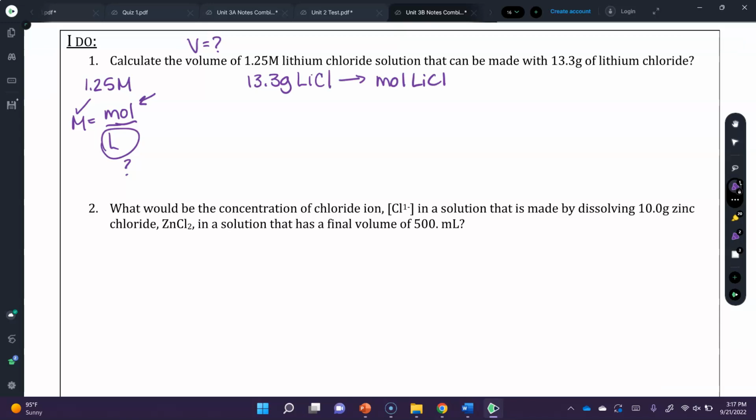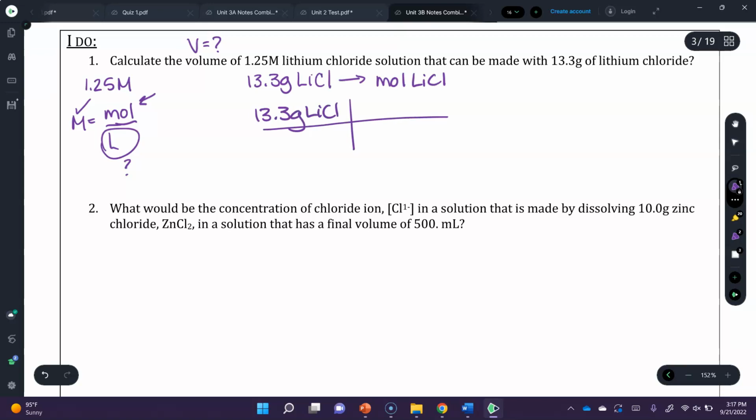So we're going to do that. 13.3 grams of lithium chloride, and we want to convert it, so we put grams on the bottom so that the units cancel out, and we want moles, so moles goes on top. The ratio between grams and moles is called the molar mass, which states that for every 1 mole of a substance, they have a mass that is related to their atomic masses on the periodic table.